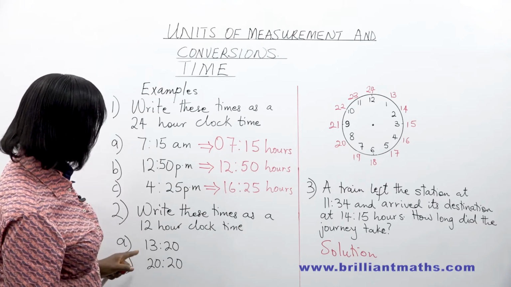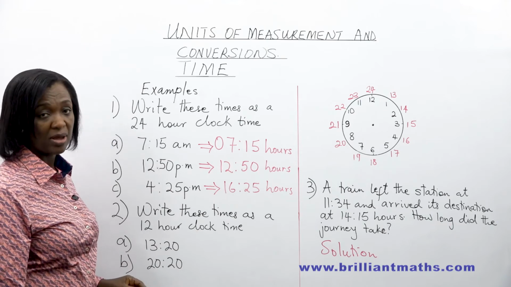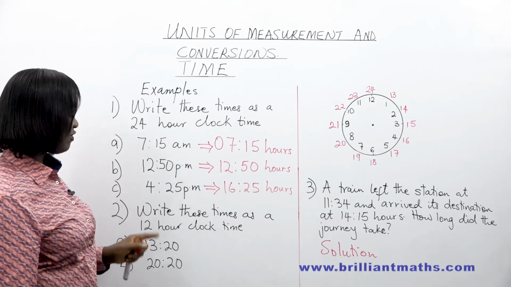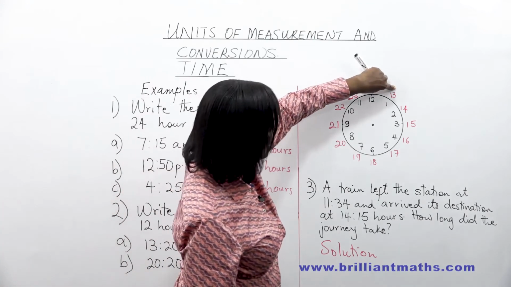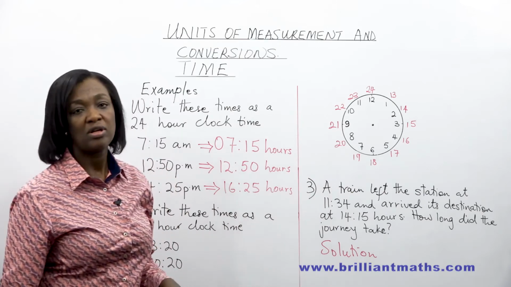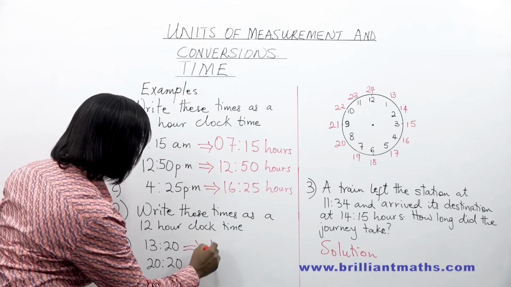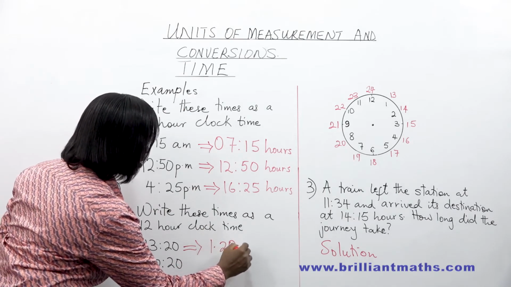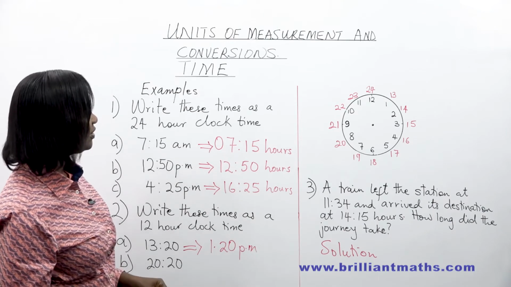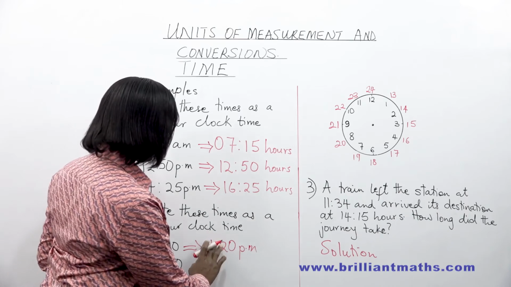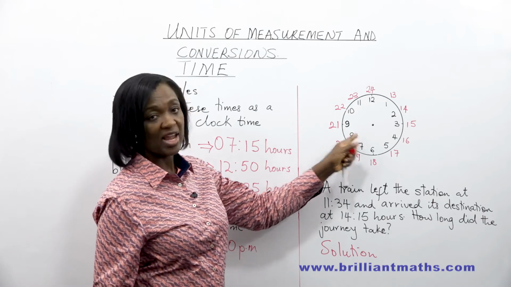Next, let's write these times as 12-hour clock time. They are in 24-hour clock time, but we want to write them in 12-hour clock time. So 13:20, 13 is 1 o'clock. So 13:20 is actually 1:20 p.m. And 20:20, 20 is the same as 8.